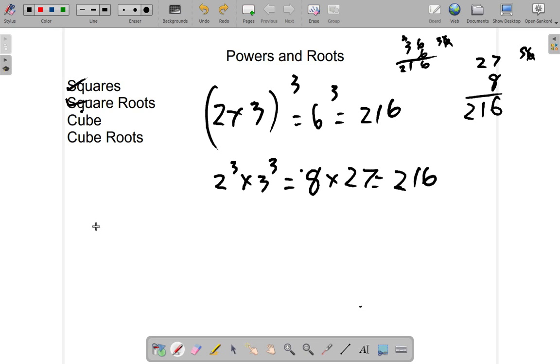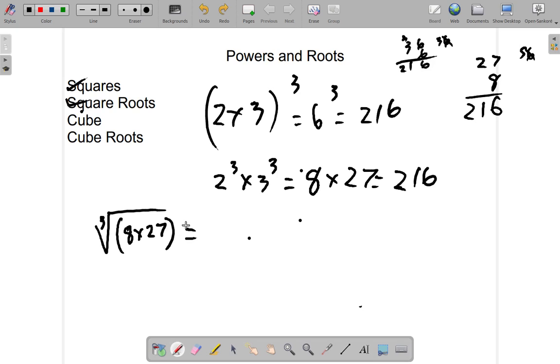Alright? Now let's try the cube root of 8 multiplied by 27. Now you can use a calculator to find the cube root. There's a cube root sign on most calculators, and a square root sign on just about all calculators.